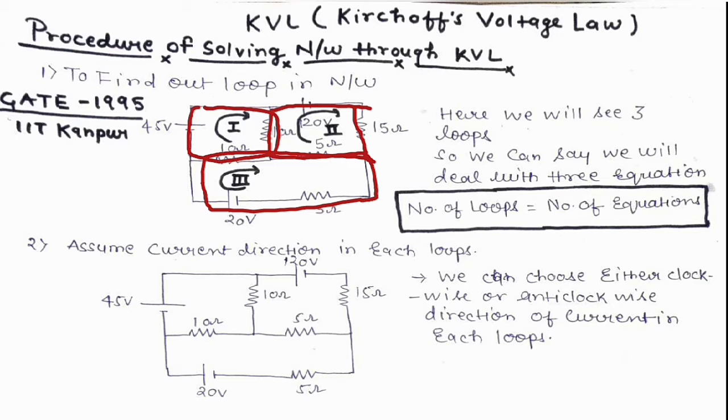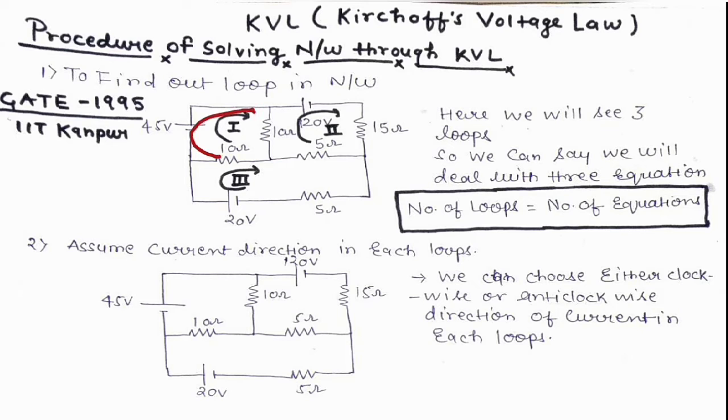Here you find there are three loops: loop number 1, loop number 2, loop number 3. When we have three loops, we will have three equations by using KVL in each loop.